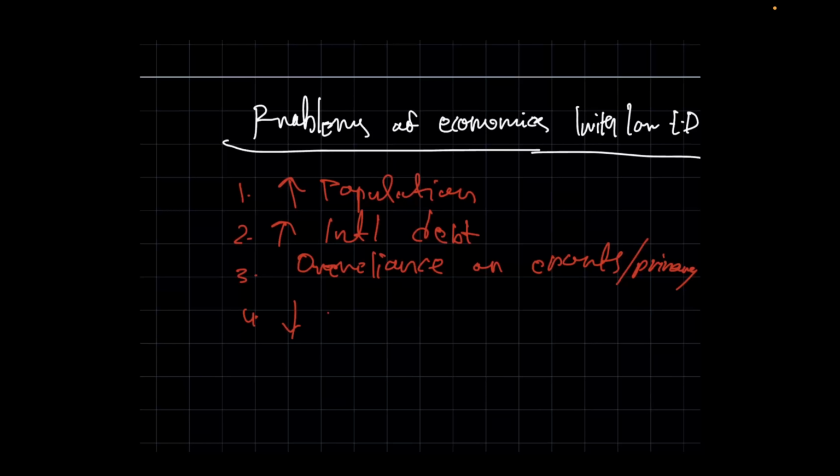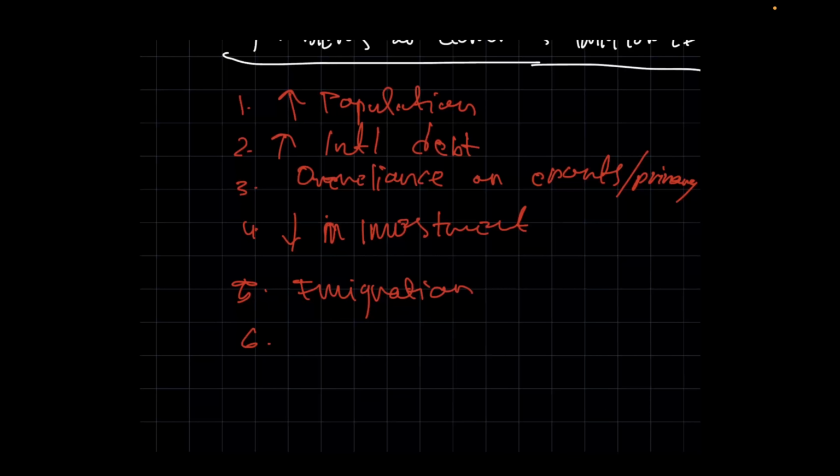Then there is a fall in investment level. Then you have loads of people emigrating from the economy, given that there's perhaps lower jobs, there's lower security. Then you have trade decreasing.